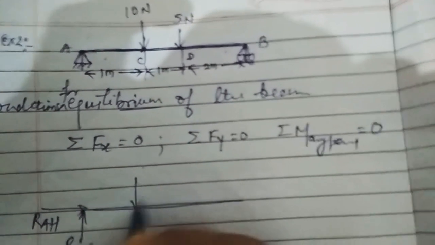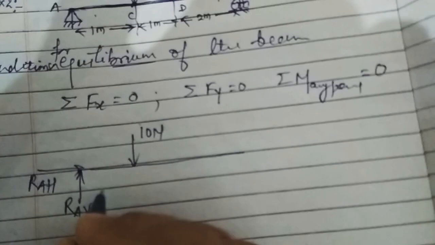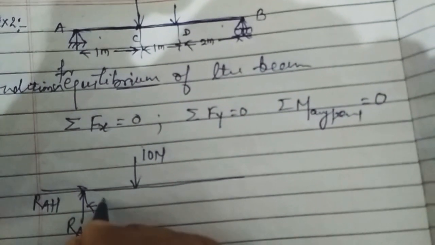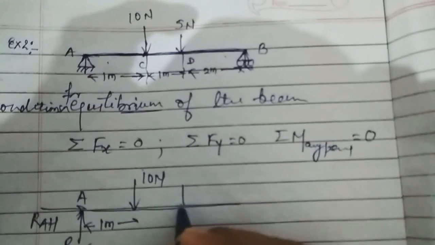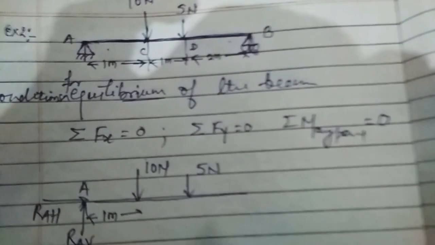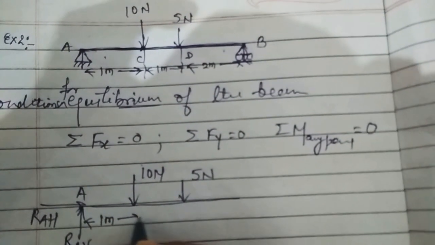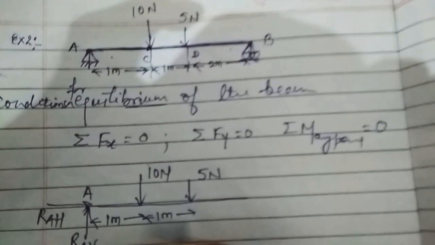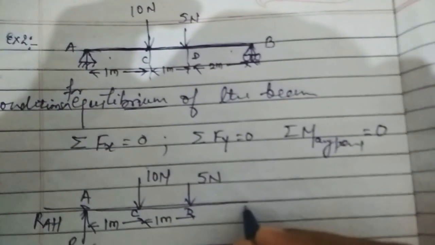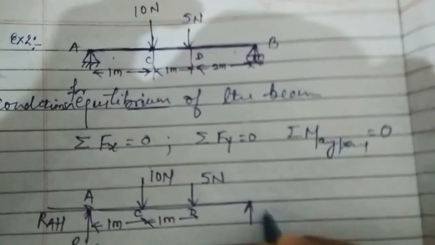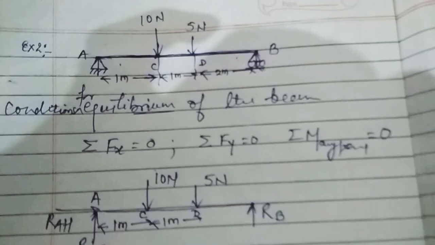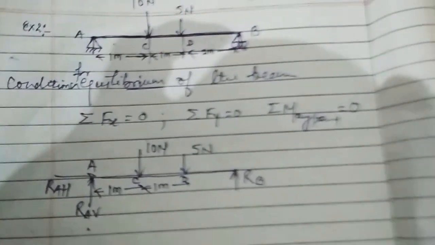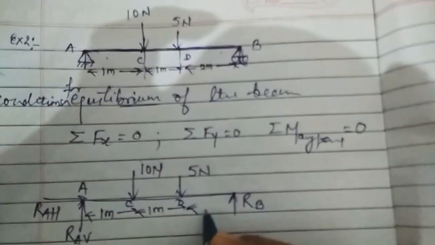Next, the point load 10 Newton, which is acting at a distance of 1 meter from A. Next is the 5 Newton force, which is acting at a distance of 1 meter from point C. And here is the roller support, that is reaction force RB in upward direction at a distance of 2 meter from B.